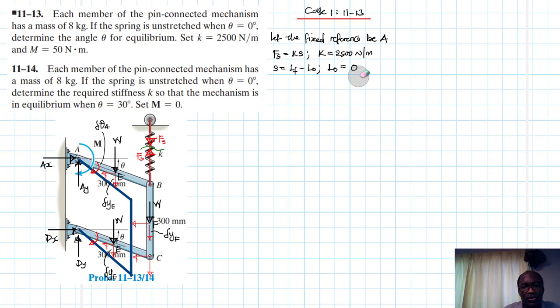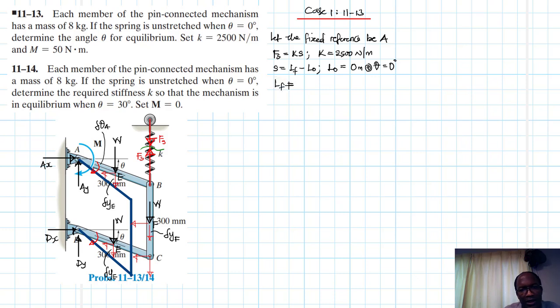If you want, of course, you can say it is L plus 0, and the other one, L final, will be L plus something, but the L's are just going to cancel out. So it just comes back to 0 meters at theta equal to 0 degrees. Therefore, Fs is going to be equal to 2500. Of course, I've not defined yet what L final is.